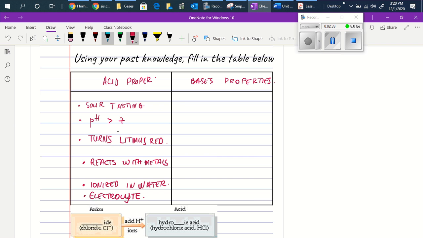When we are talking about properties of bases, they are bitter in taste. They have a pH that is greater than 7. Litmus paper is turned blue.